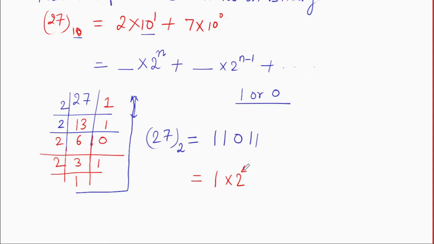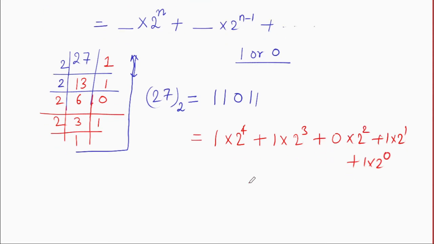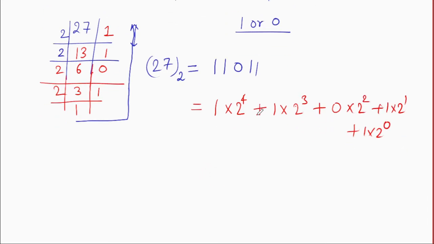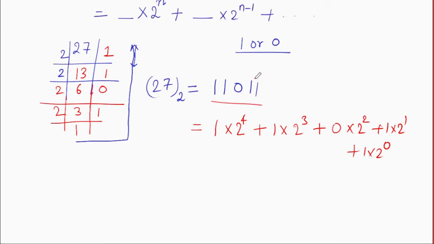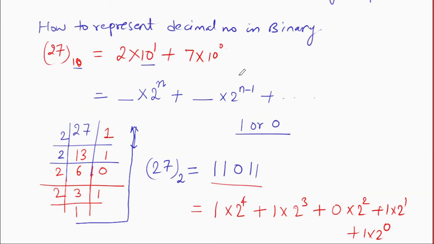So this will be 1 times 2 power 4 plus 1 times 2 power 3 plus 0 times 2 power 2, 1 times 2 power 1 and 1 times 2 power 0. Let's see, the sum: 1 times 2 power 4 is 16, plus 8 is 24, plus 2 is 26, and 27. So this is correctly represented, and this is how the computers will understand.